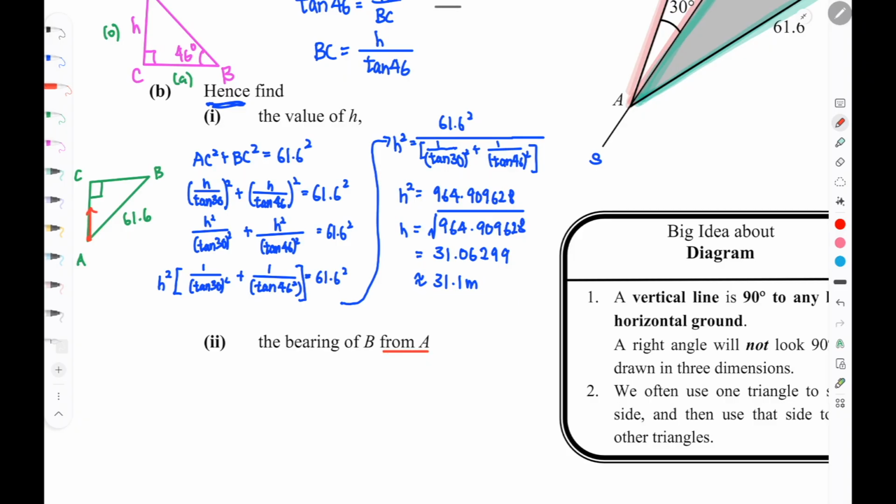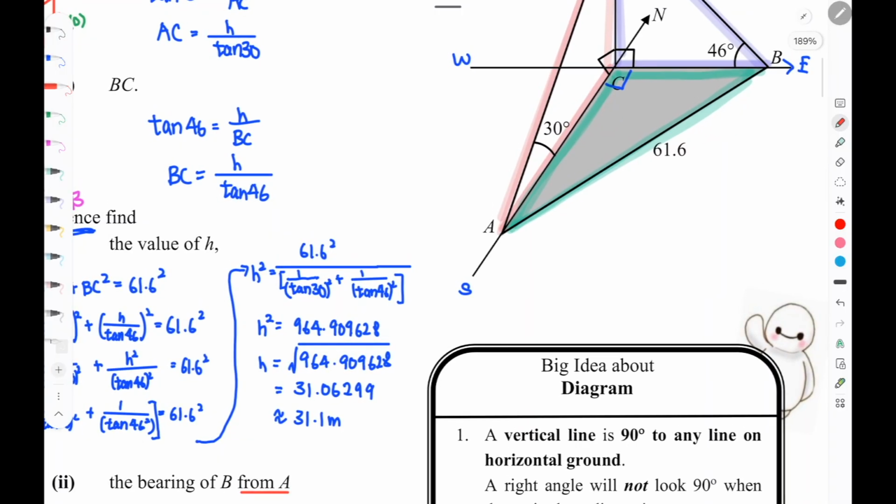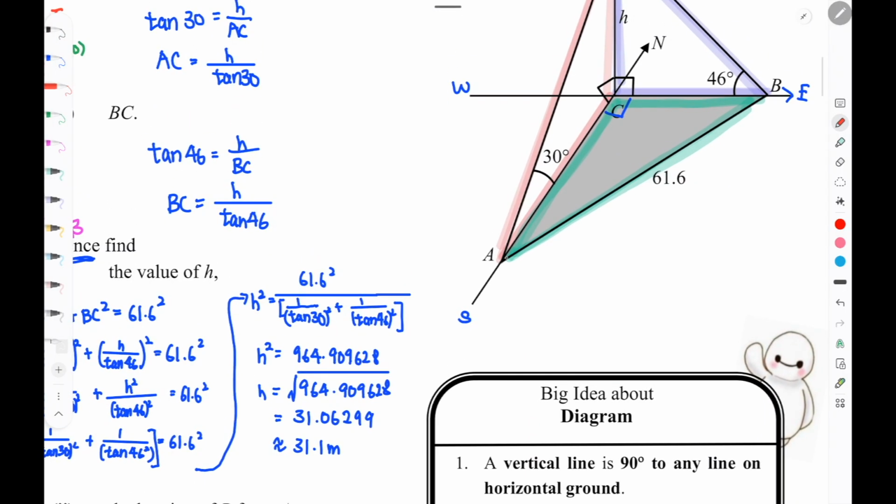If you are using the diagram, yours will be slightly different, but since I already drew this one, I'll show you on this one first. This is the bearing they want to find. If I'm using the diagram straight, take note that my north line is slightly at an angle. Then I go all the way to B. Take note where your north is facing.